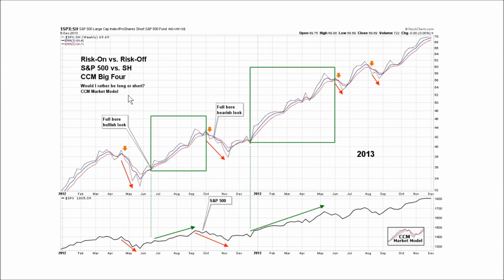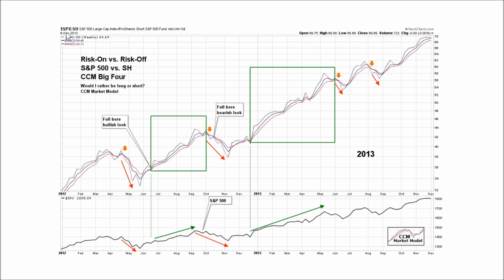The same concepts apply to this chart, which is risk on versus risk off. Also part of the CCM Big Four charts. We're looking at, would I rather be long the S&P 500 relative to would I rather be short? Why do we look at this instead of just looking at the S&P 500 in isolation?